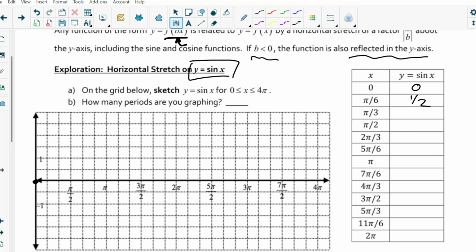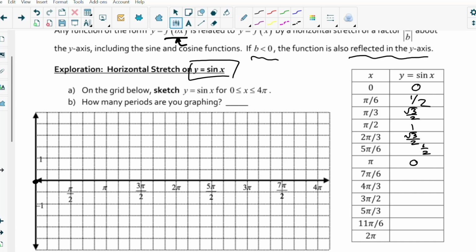Pi over 3, that's square root of 3 over 2. Pi over 2, that's 1. 2 pi over 3, that's square root of 3 over 2. 5 pi over 6, that's 1/2. At pi, it is back to 0.